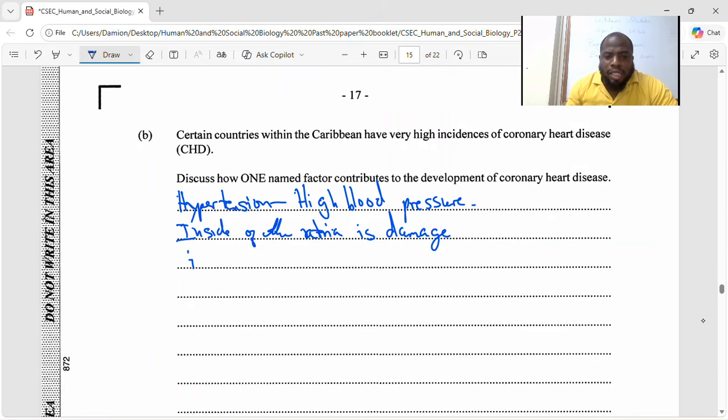Now it will cause inflammation in the walls of your vessels, which leads to your walls being more permeable to things such as cholesterol. And then cholesterol helps with the building up of plaque.